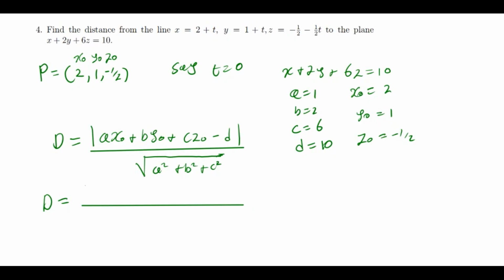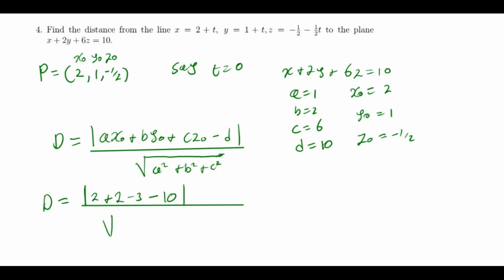So we have the absolute value of a times x naught, which is 1 times 2, which is 2, plus b times y naught, which is 2 times 1, so that is still 2, plus c times z naught, which is c times negative 1/2, which is minus 3, minus d, which is 10.